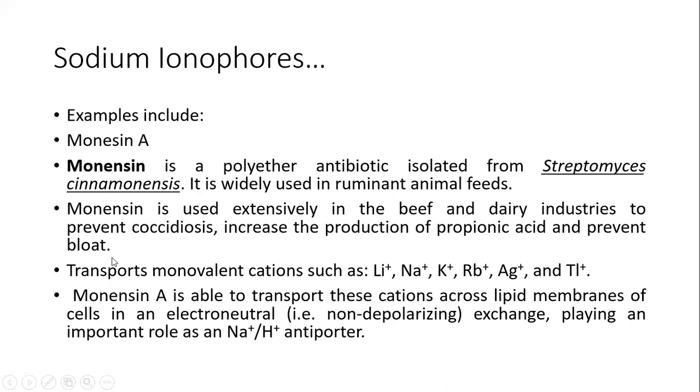The animal starts bloating, because of which the milk will not be good and the cow dung will not be good. And in the dairy industry, we are interested in the end in the milk and the cow dung, right? So that problem will be there. To prevent all this, they add monensin. Okay. Now it transports monovalent cations such as lithium, Na plus, K plus, etc.